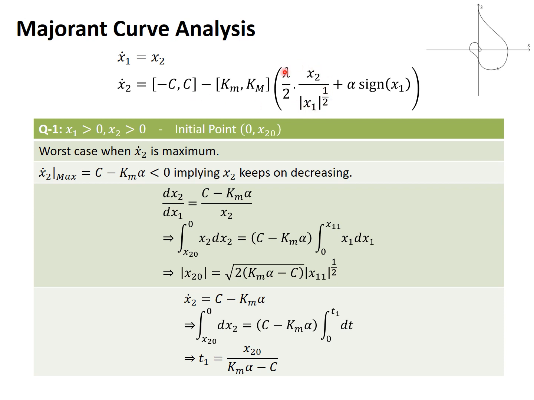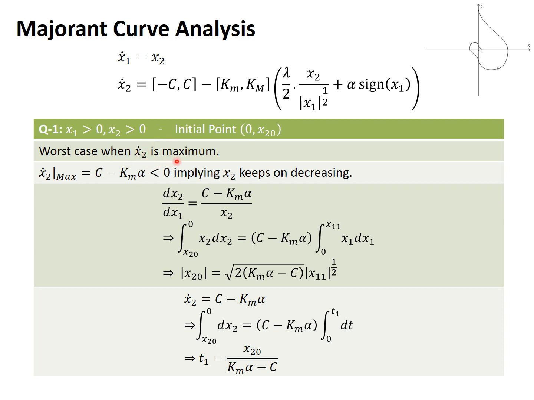So, you ignore this part completely, because there can be a situation when x2 is 0. So, you ignore this condition and see what the maximum value of x2 dot is.